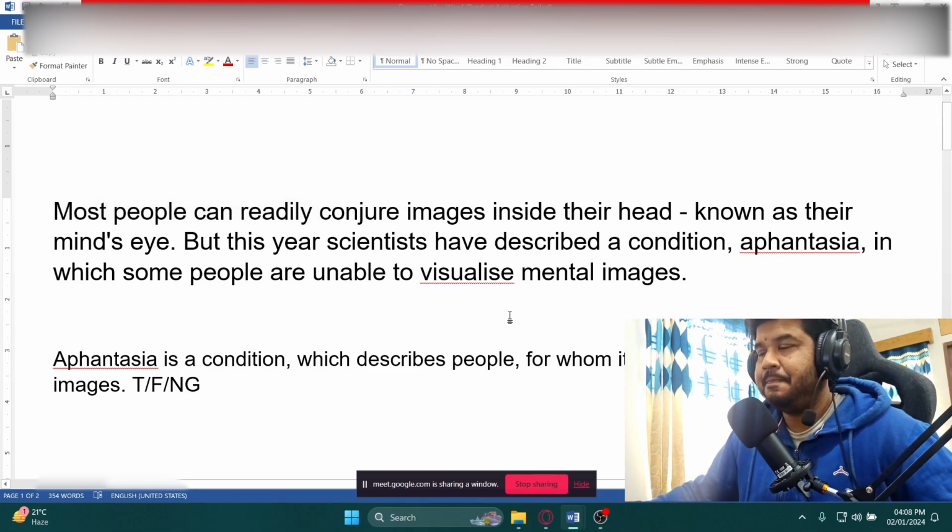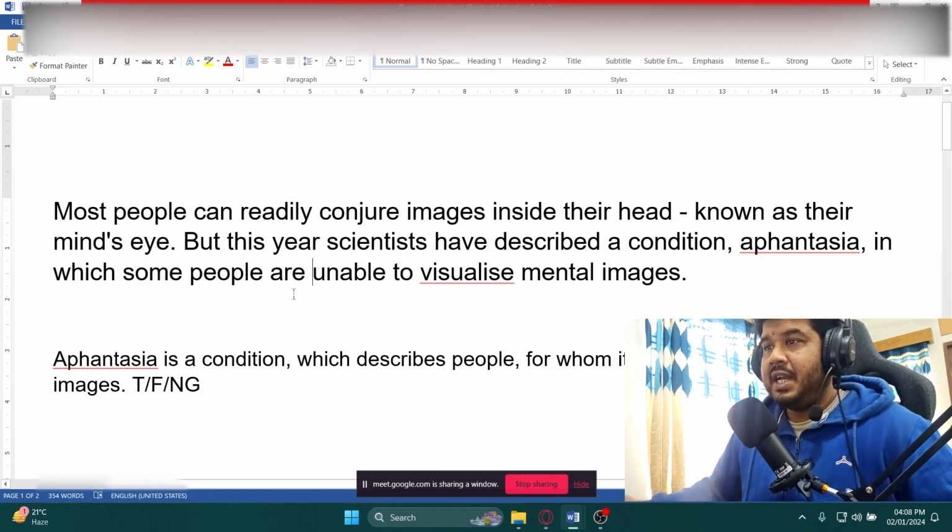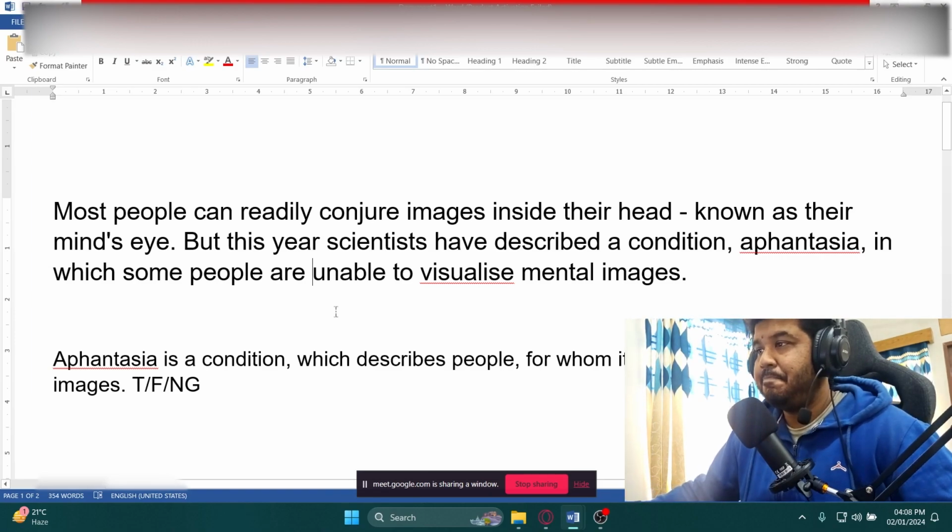Now, what I want you to do is read this line: most people can readily conjure images inside their head. Sorry, there are two sentences actually.